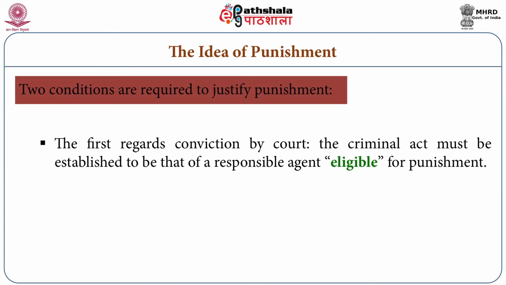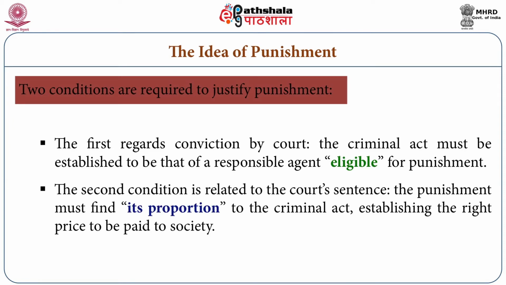The criminal act, the actus reus, must be established to be that of a responsible agent. In other words, mens is Latin for mind. My mind should be in some way clear and eligible for punishment. The second condition is related to the court's sentence. The punishment must find its proportion to the criminal act, establishing the right price to be paid to society.